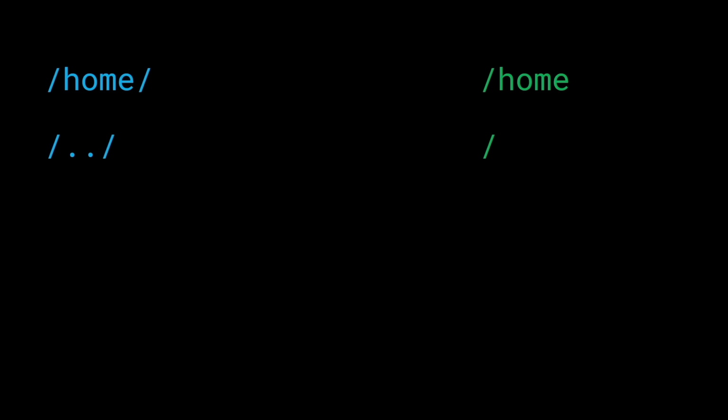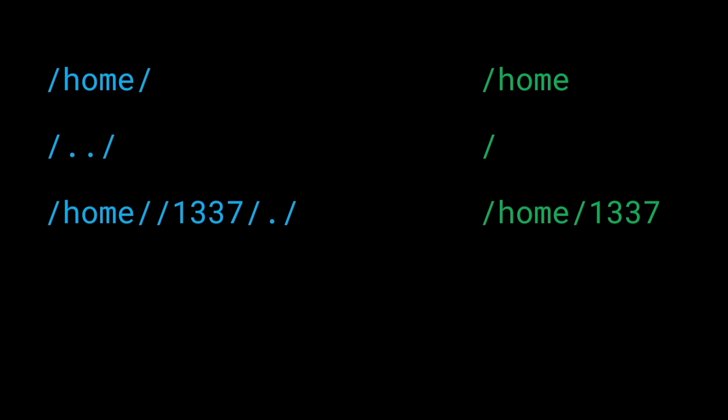All right, let's take another example. And this time we have /home//1337/./. First things first, remove the trailing slash. Now what? We notice that between home and 1337, there are actually 2 slashes. What does that mean?